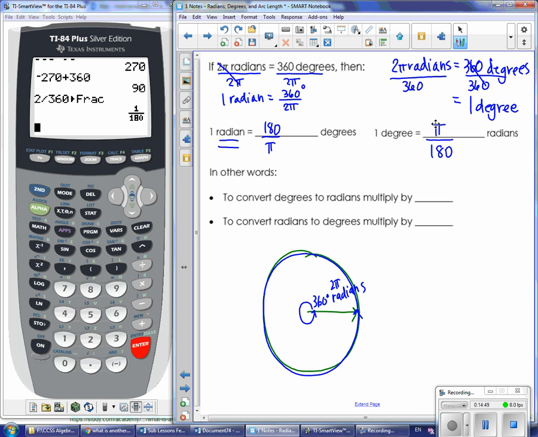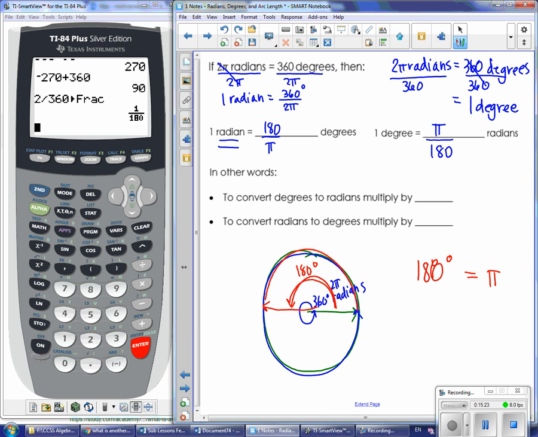So if I want to convert, let's say I have an angle that measures, let's just go ahead and do 90 degrees. Actually, let's start with 180. Let's do half of a circle, because I think this will make a little bit more sense. 180 degrees is a straight line, right? If my whole circle is 2 pi, then 180 degrees corresponds to half of a circle, which means that 180 degrees is going to equal 1 pi.